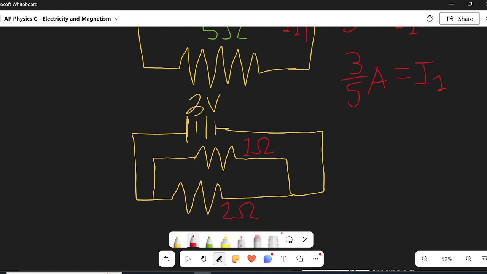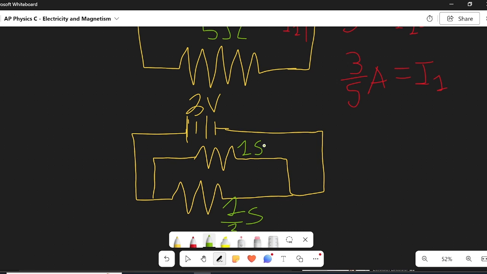So this is going to become 1/2 Siemen, and then 1 over 1 is just 1. So 1 ohm is the same thing as 1 Siemen.